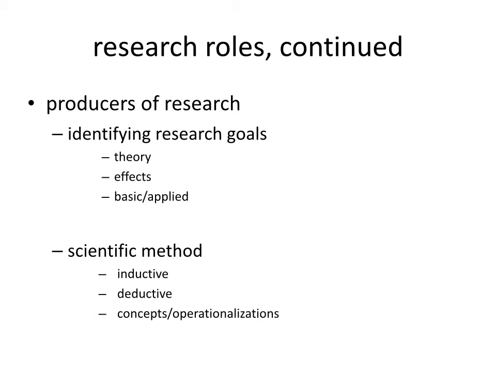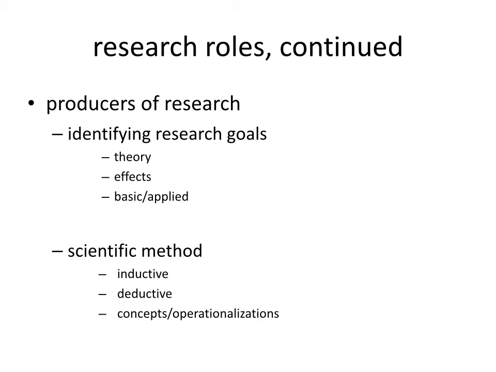So theory-based research has the goal of providing evidence relevant to that theory. Specifically, generally it's a test of that theory. It's some opportunity for that theory to fail. Now, theory-based research, because that's the goal, has implications for the design of the research.